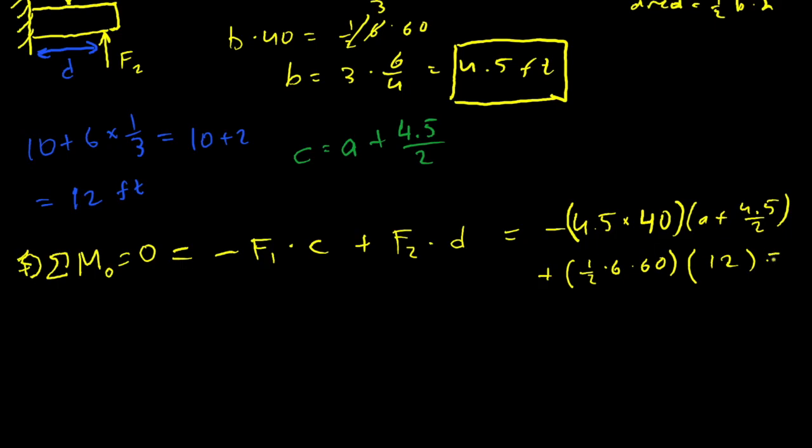We know that this is equal to 0, and this expression only has one unknown, which is A. When you solve this, you simply get A equals 9.75 feet. And that is our answer.